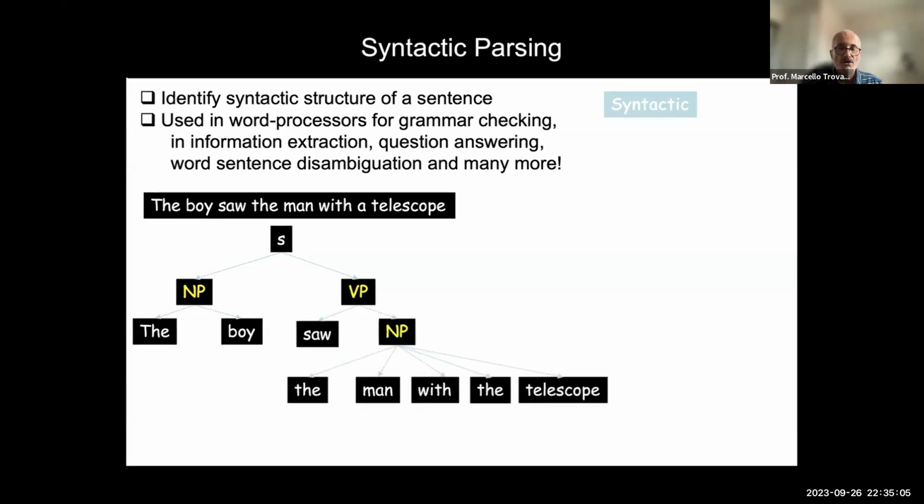Based on the structure itself, again, I won't go into details, the system could actually decide, and sometimes the decision might not be what you expect, but in some cases it will correctly identify what you mean by looking at the structure of the sentence. And that's something we would do. And so it would be the second case, that is, a man using a telescope.